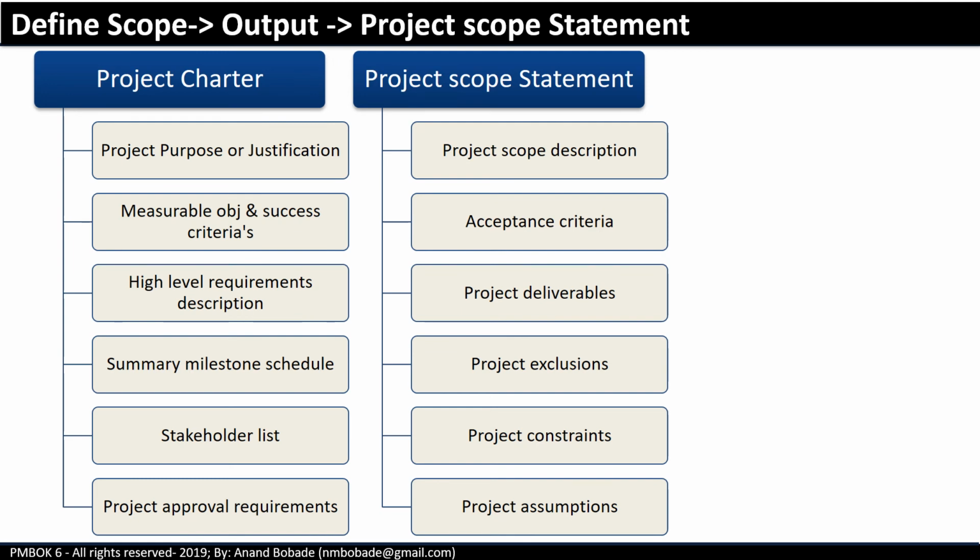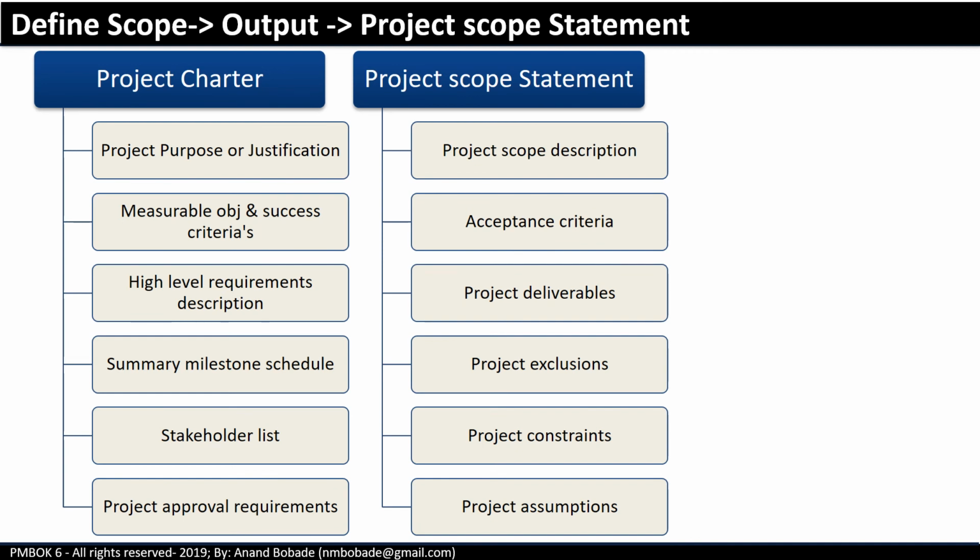Please note that some elements of the project charter look similar to project scope statement. So a lot of times students get confused. But understand those elements which are similar are at a higher or general level in the project charter. For example, project purpose or justification inside the project charter is at a very high level.